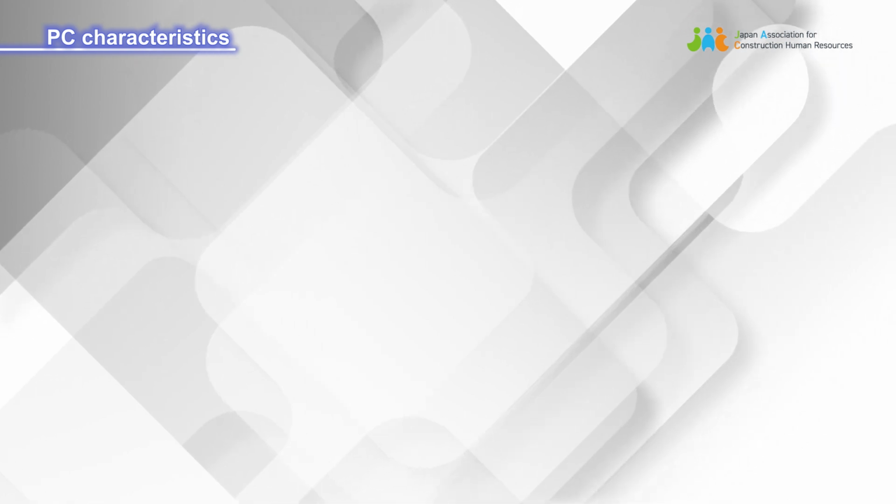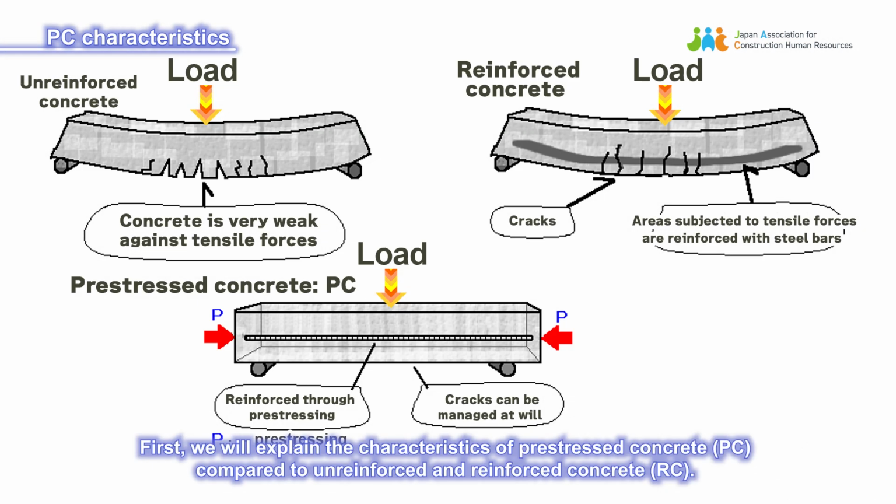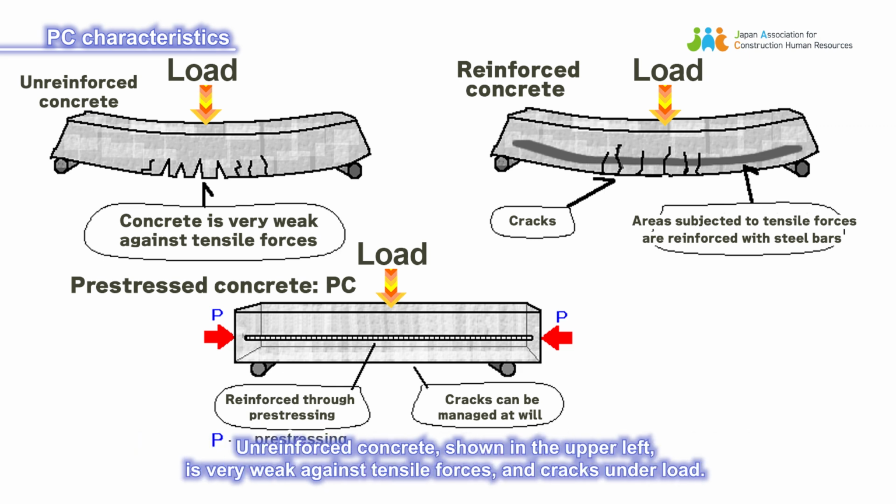PC characteristics. First, we will explain the characteristics of prestressed concrete, PC, compared to unreinforced and reinforced concrete, RC. Unreinforced concrete, shown in the upper left, is very weak against tensile forces, and cracks under load.